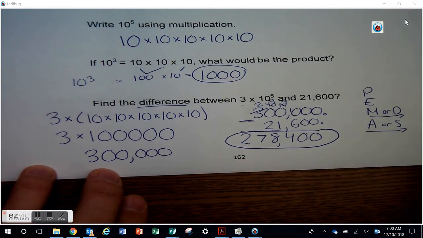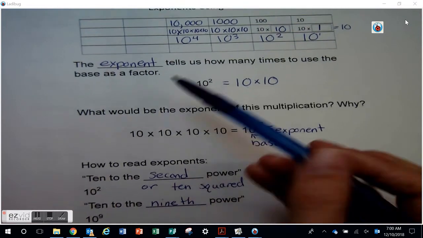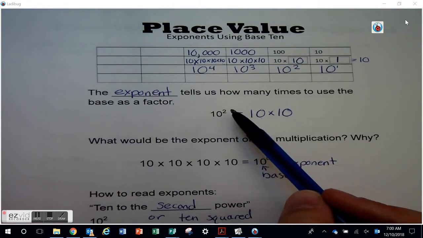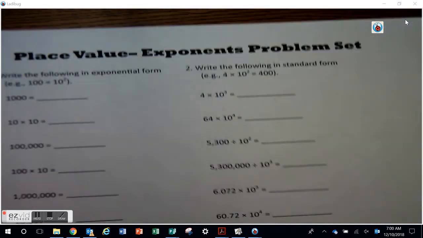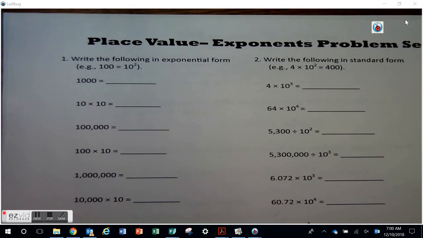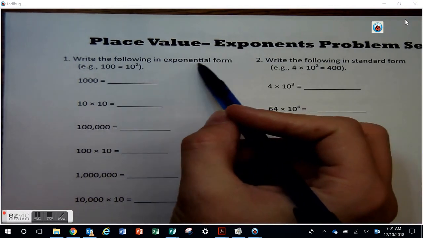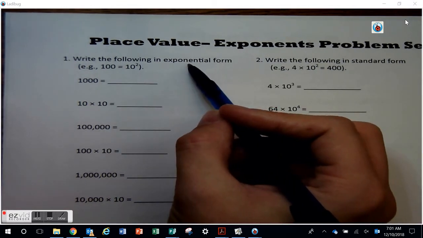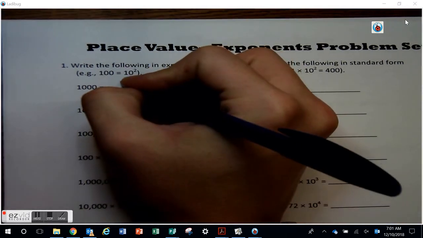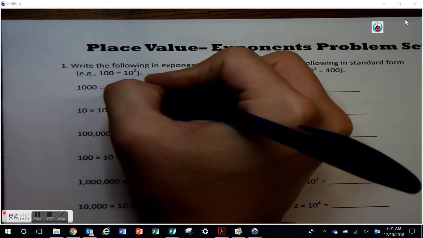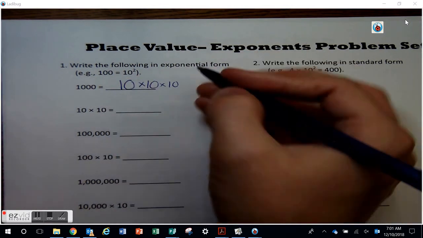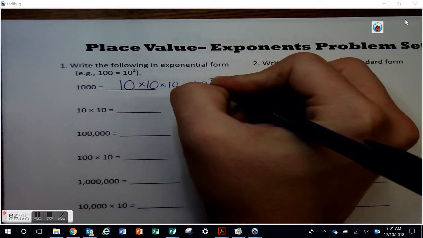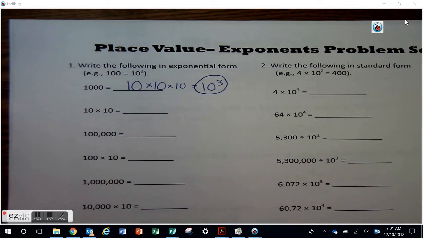Let's go ahead and work on our problem set. But remember, the exponent just tells me how many times I multiply that base number by itself. So, looking at our problem set, write the following in exponential form. That means with exponents. So 1,000 I could write, well, I know it's 10 times 10 times 10. This is not exponential form, but that's going to help me figure out my exponential form here.